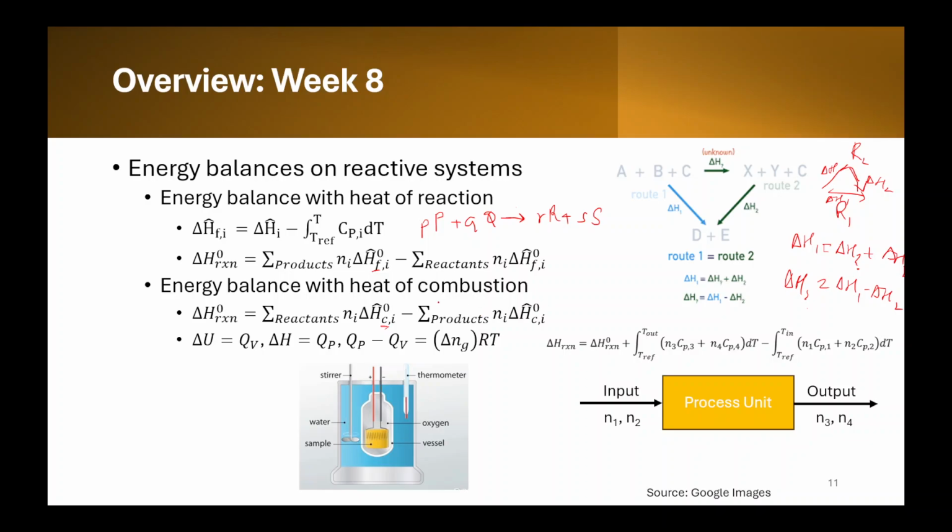Keep that in mind. Also, this bomb calorimeter can be operated at either constant pressure or constant volume. So constant volume experiments involve the change in internal energy, which gives you the heat supplied or heat generated at constant volume, and the change in the enthalpy is at constant pressure.